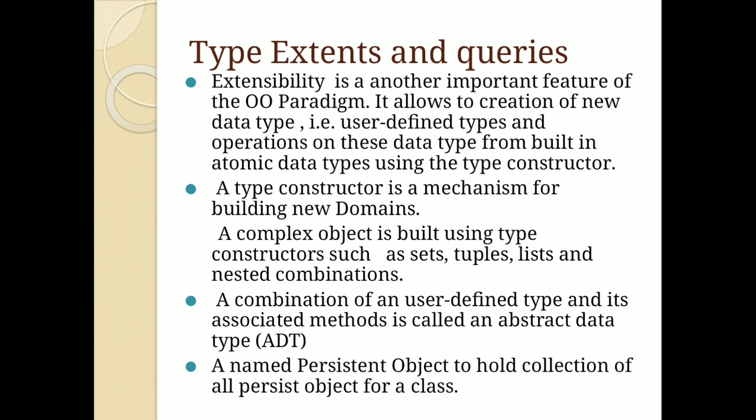A complex object is built using type constructors such as sets, tuples, lists, arrays, and other nested combinations. A combination of a user-defined data type and its associated methods is called an abstract data type. A named extent persists objects to hold the collection of all persistent objects of a class.